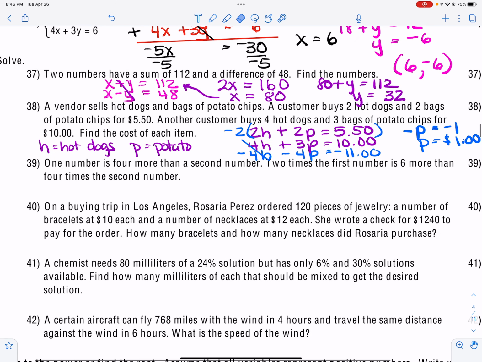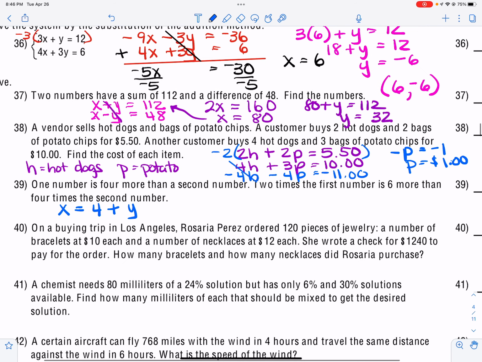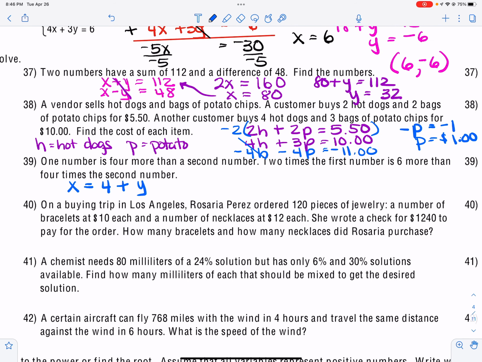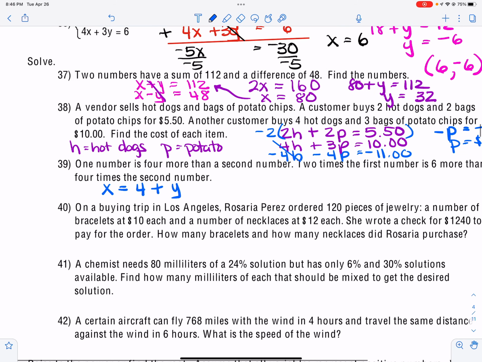So let's get this. One number is 4 more than a second number. And so that's the first number is x, and the second number is y. All right.